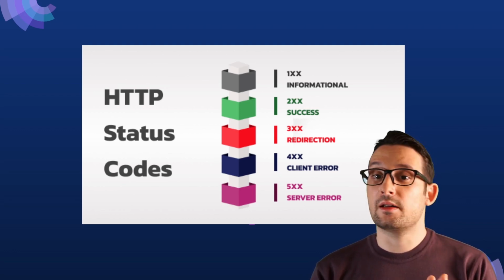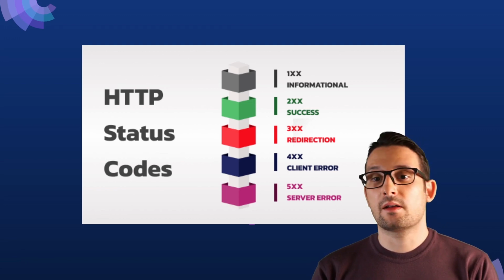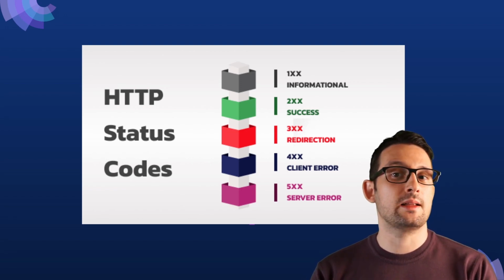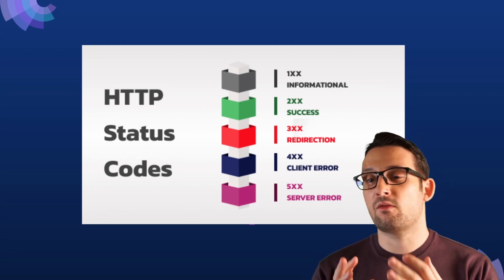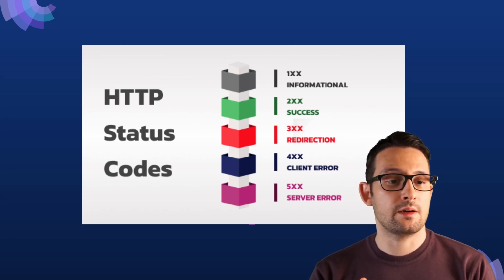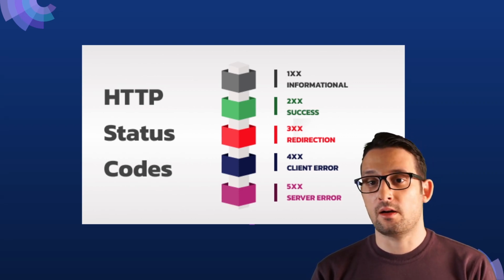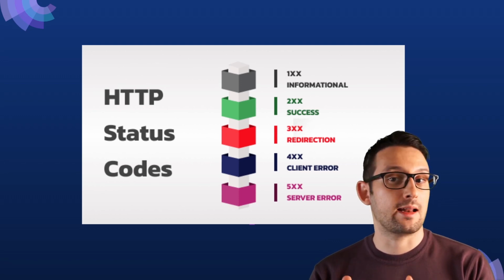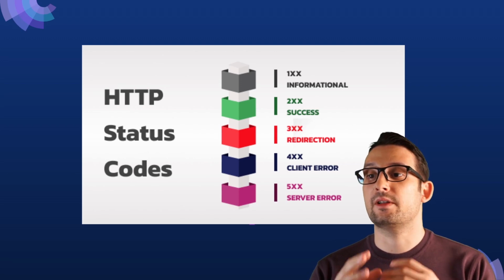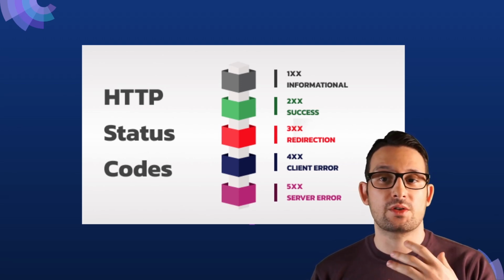And the one here in red, 300, means redirection. These status codes indicate that the client must take additional action to complete the request. This may involve redirecting the client to a different URL. Then here in blue, 400, or client error. These status codes indicate that there was an error with the request that the client sent to the server.